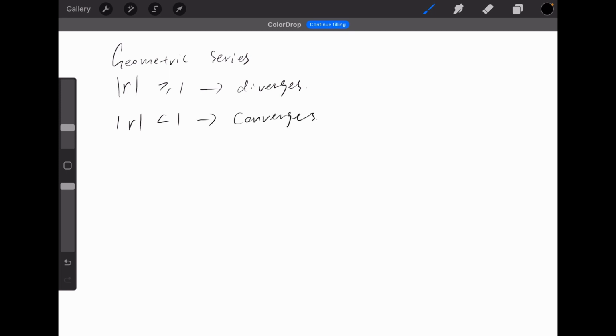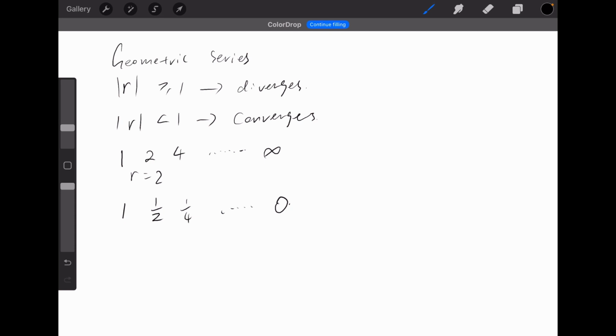So for example, a divergent geometric series will look like this: 1, 2, 4, all the way to infinity, where R equals 2. And a convergent geometric series will look like this: 1 over 2, 1 over 4, all the way to 0.